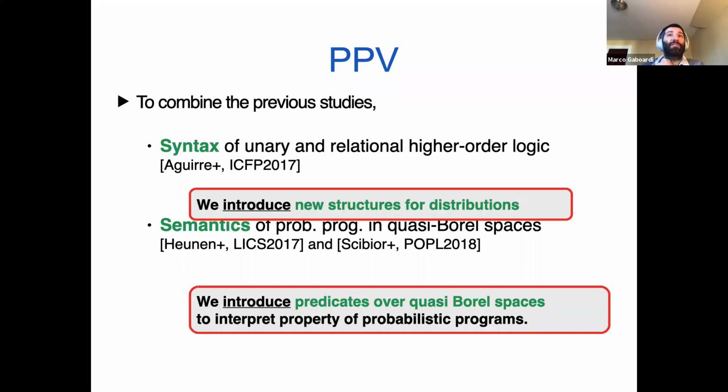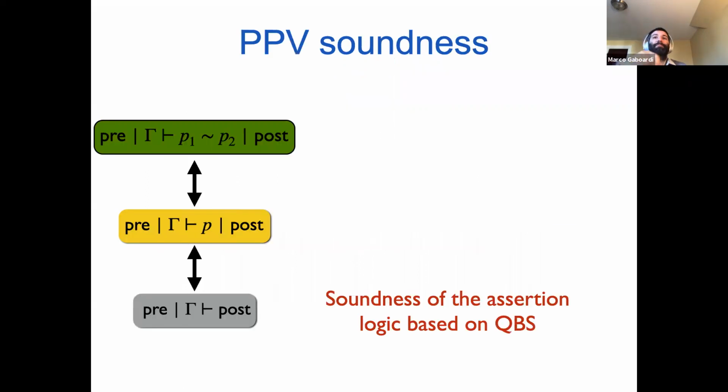What we do is that we introduce new structure at the syntactic level, and we introduce predicates over quasi-Borel spaces to interpret properties of our probabilistic programs. The soundness of our system is built in a way that I find quite interesting. First, the soundness of the assertion logic, as I mentioned before, is based on QBS, quasi-Borel spaces.